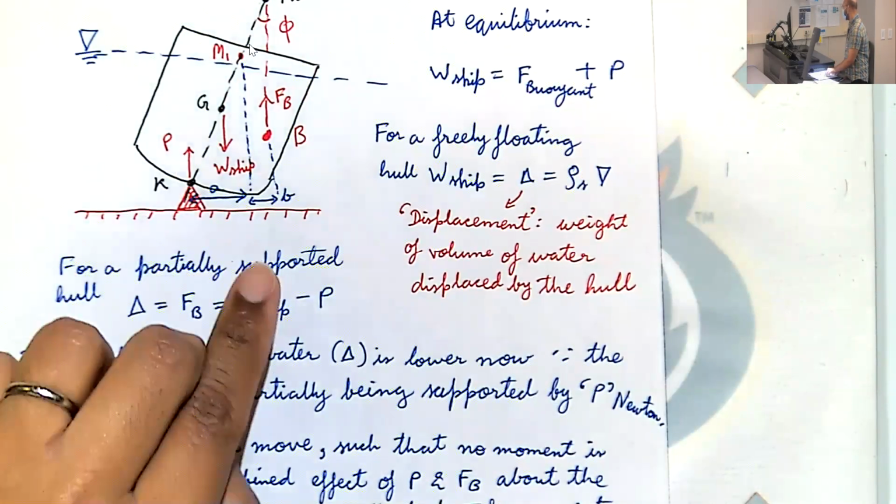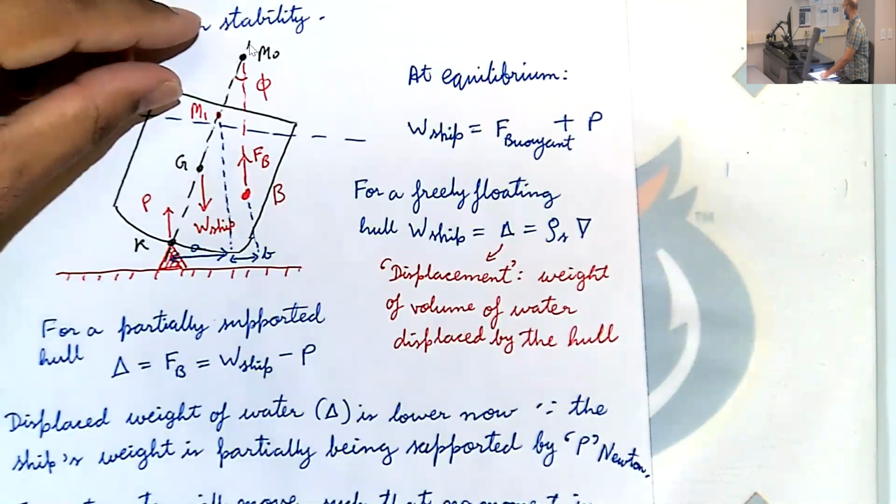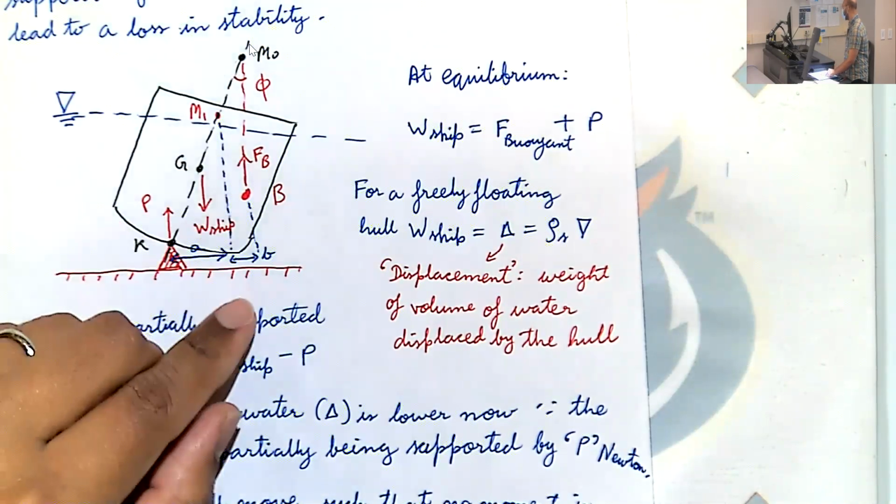KM1 sine phi gives us little a. M1 M0 sine phi gives us little b.